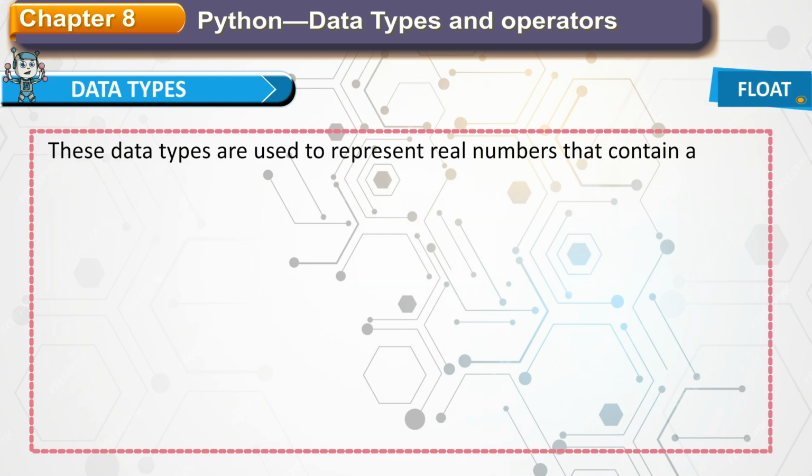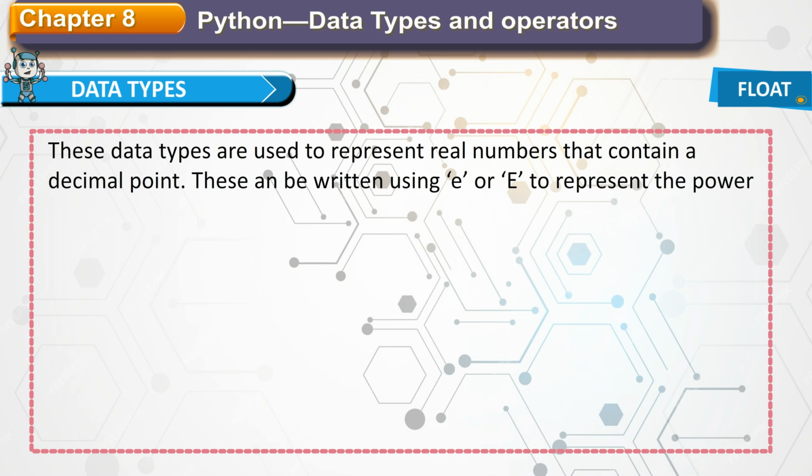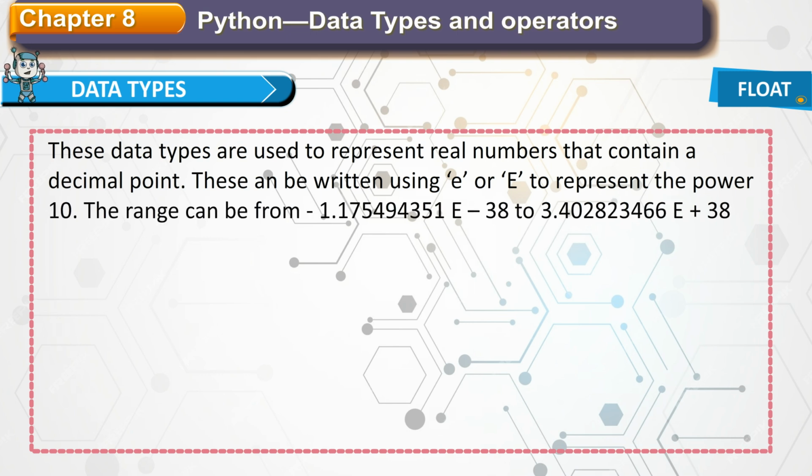Float. These data types are used to represent real numbers that contain a decimal point. These can be written using e or E to represent the power of 10. The range can be from 1.175494351e-38 to 3.4028234666e+38.